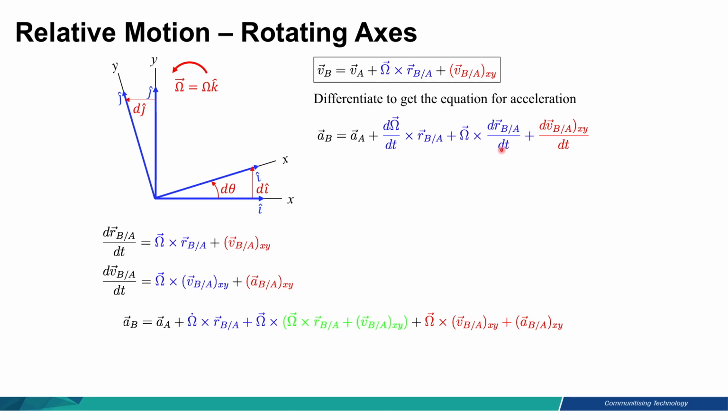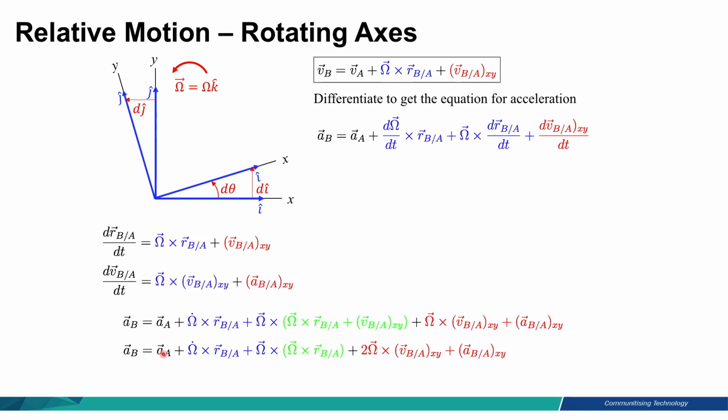Now drb/a we take from this. This becomes the green color in this expression, omega cross rb/a plus vb/a xy, plus the n here we take from this derivation, this expression, and we have omega cross vb/a xy plus ab/a xy. We can still simplify this equation to get this.